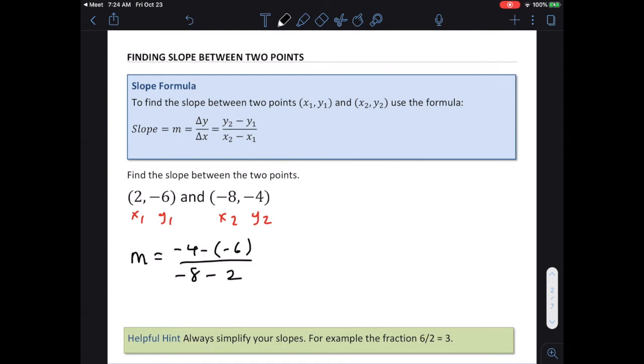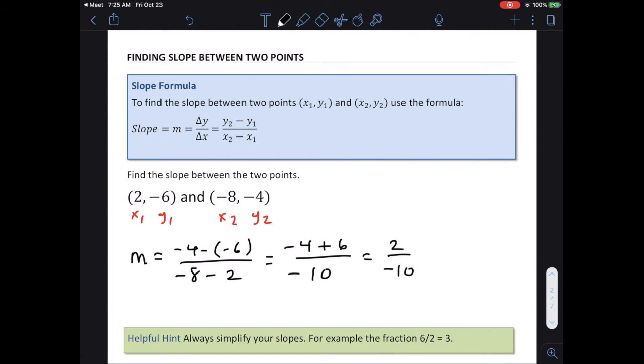So immediately we have subtracting a negative number. So if we subtract a negative, we remember that becomes addition. So we have -4 plus 6 over -10, because -8 minus 2 is -10. And then when we add -4 and 6 together, we end up with 2 over -10.